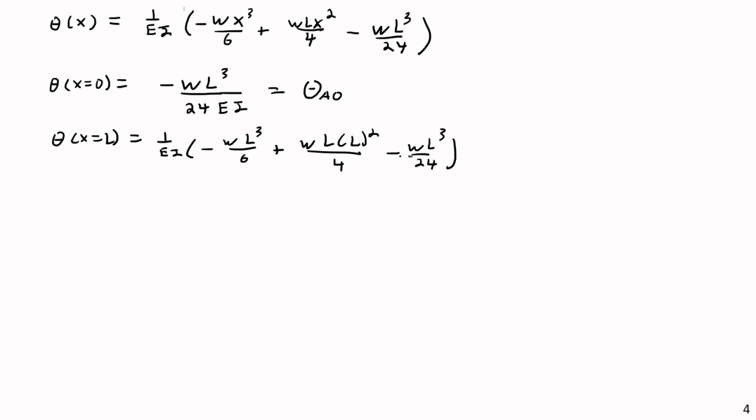So then simplify and collapse this down, and you will find that this theta is equal to wL to the third divided by 24 EI.